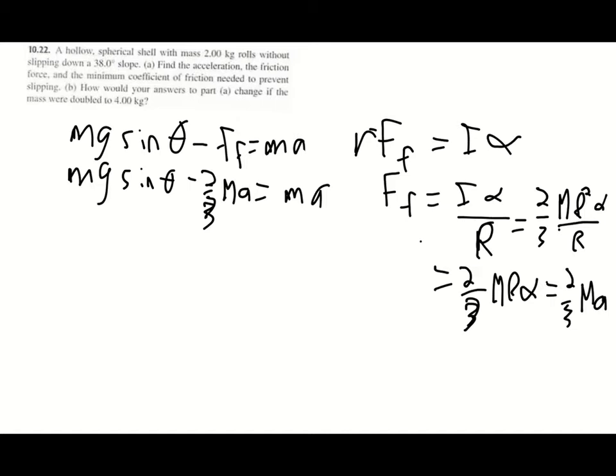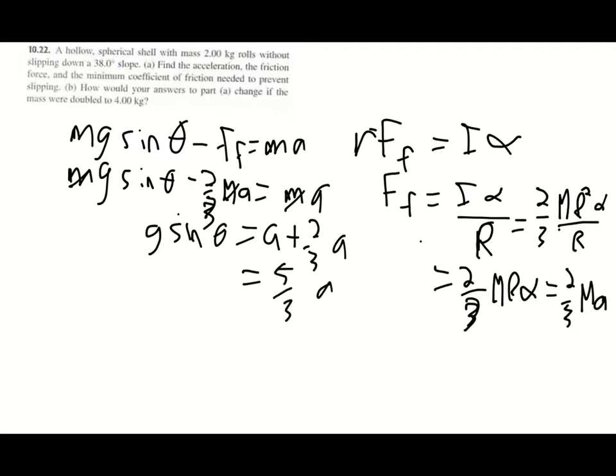I'm going to go ahead and kill all these masses and bring this over. So I've got g sine of theta equals a plus 2/3 a. So I've got 5/3 a equals g sine of theta.